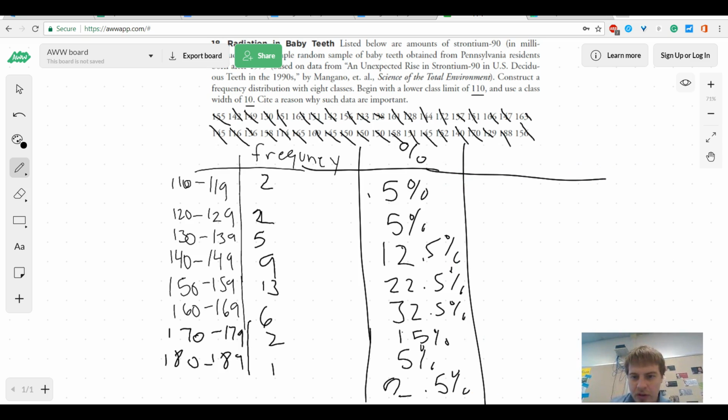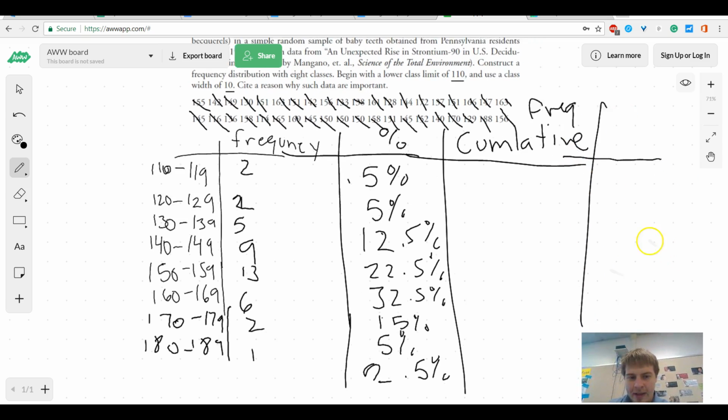Now we have something called a cumulative frequency. And that's really easy to do. Cumulative frequency just means you add it as you go along.